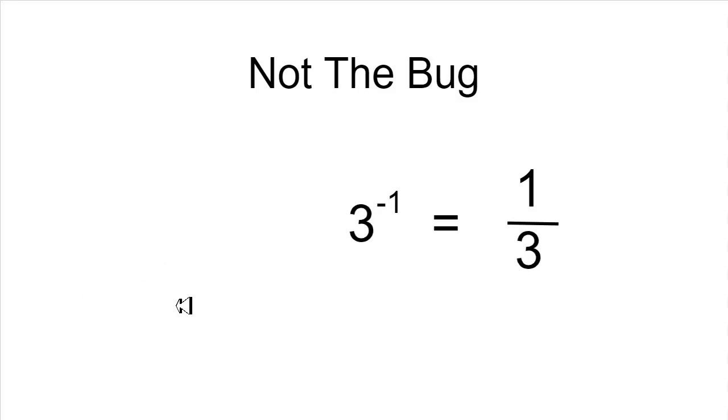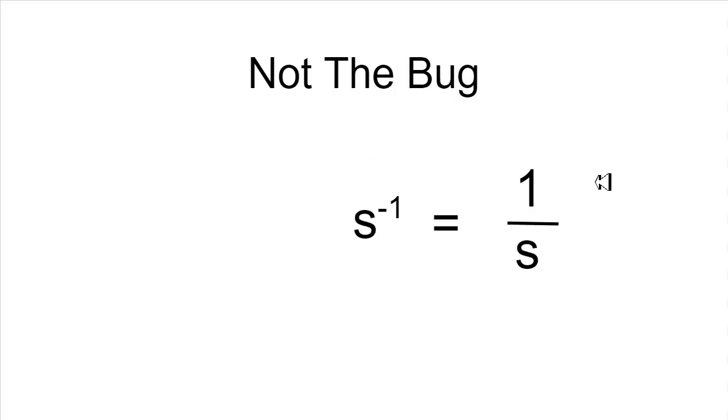So here, for example, 3 to the power of minus 1 is equal to 1/3. So this is not different than this. This is a different way of expressing this. This looks different than this. This might look prettier in a paper. For example, you might want to write this instead of this in a paper, and there's nothing wrong with that. This is not the bug.